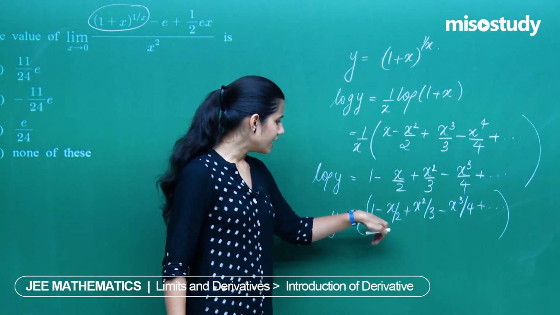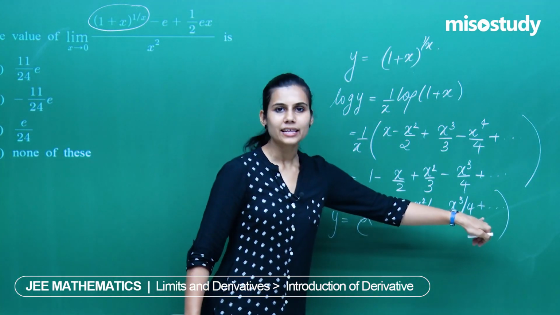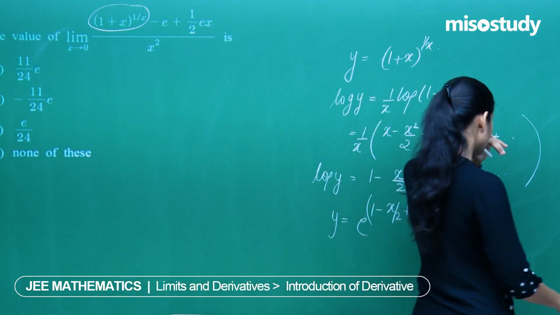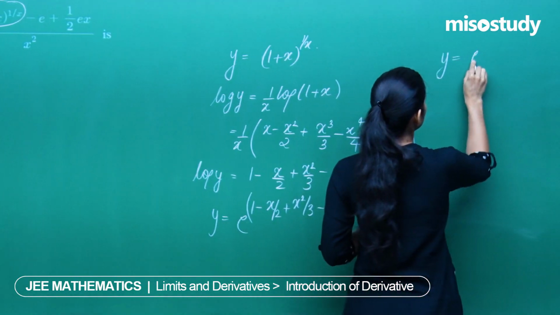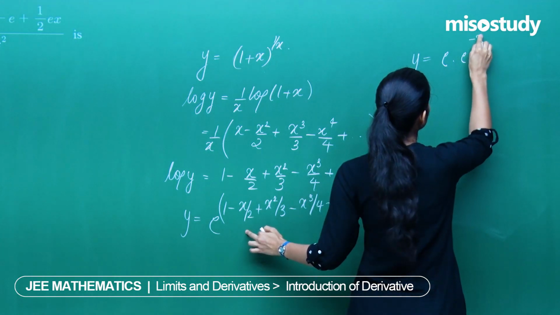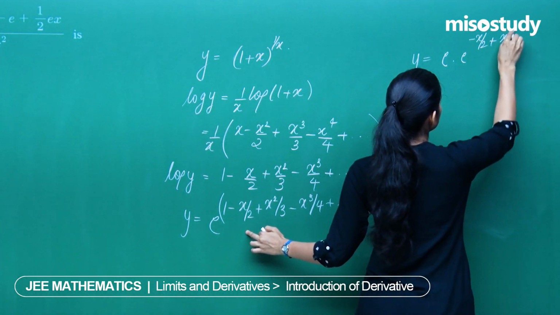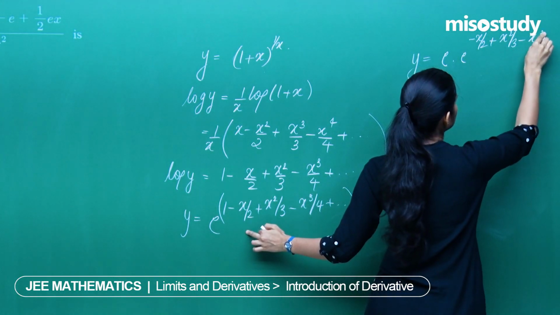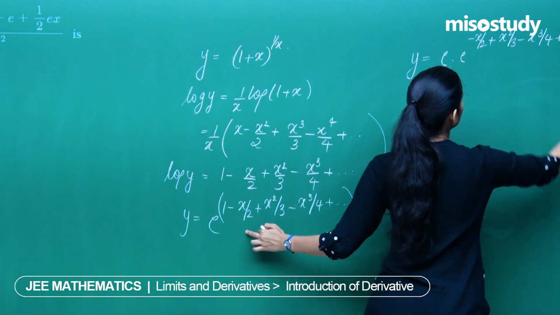Now e to the power 1 plus minus x by 2 and so on can be basically resolved into e to the power 1 into e to the power minus x by 2 plus x square by 3 minus x cube by 4 and so on.